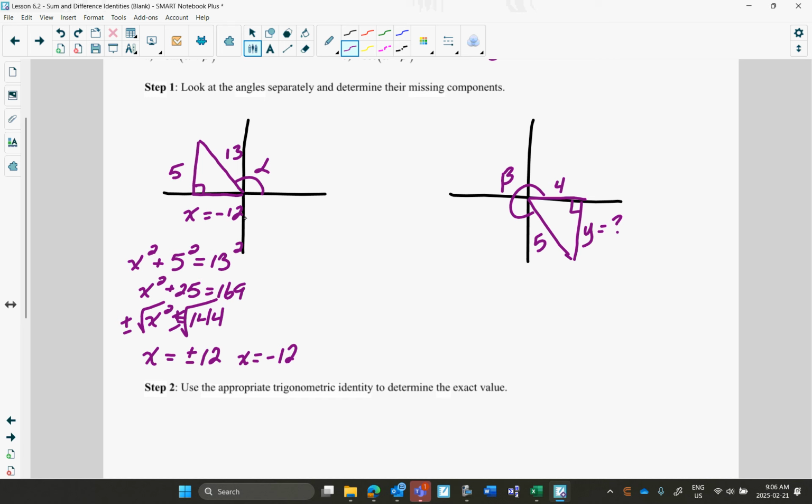And now we do something similar to find the missing y length in the triangle that's involving angle beta. And it too is going to be negative because we're going down. So I'm going to add plus minus, but I'm going to choose the minus because I'm in quadrant 4. So here we would get 4 squared plus y squared is equal to 5 squared. 16 plus y squared is equal to 25.